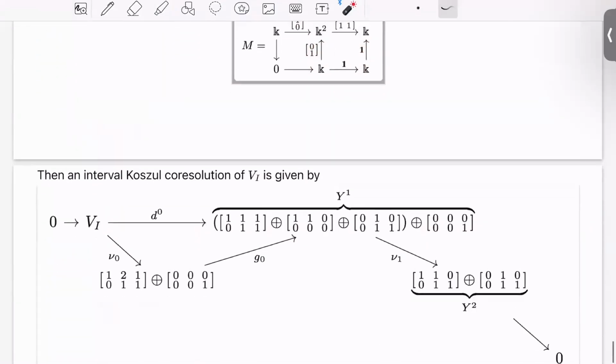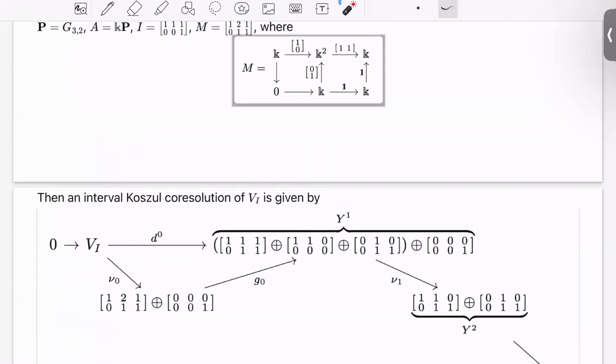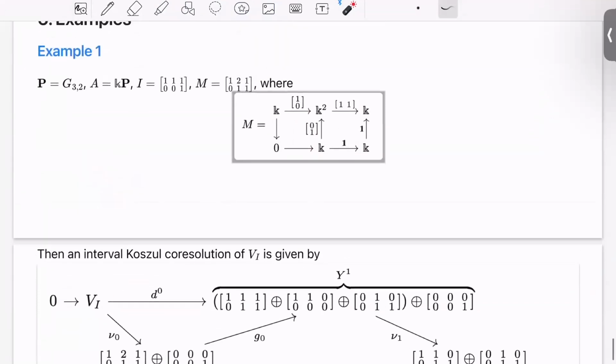Then at first, it is easy to compute the left minimal almost split sink map. This is given from here to here, and then we compute the left approximation. The left approximation is given by this one, and this is from the beginning interval module. So this is the same identity here.